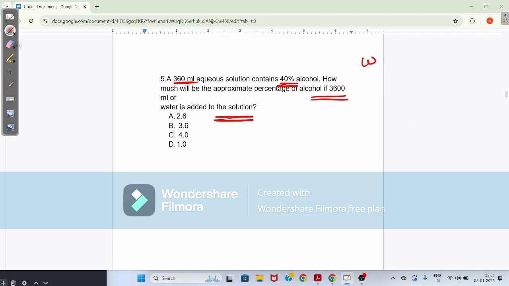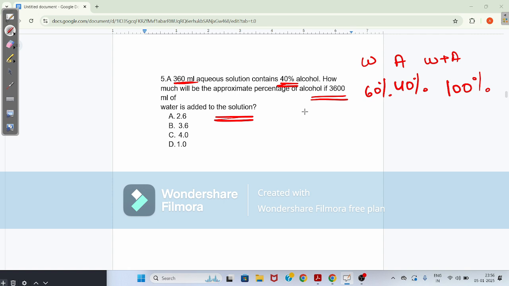Consider here water, alcohol and their mixture, a water and alcohol mixture. Okay, now when you add these two, 40% alcohol means the mixture is 100%, and the water is 60% here.